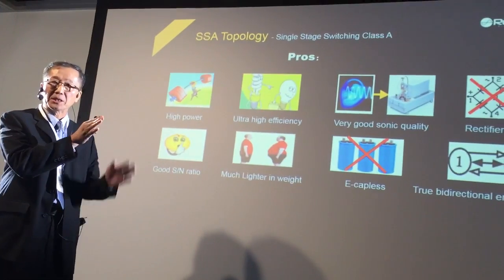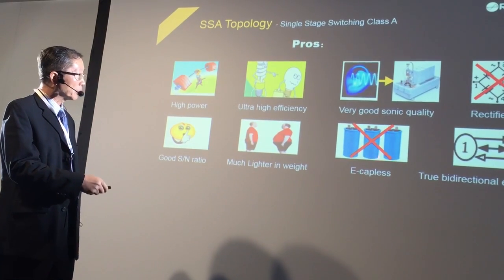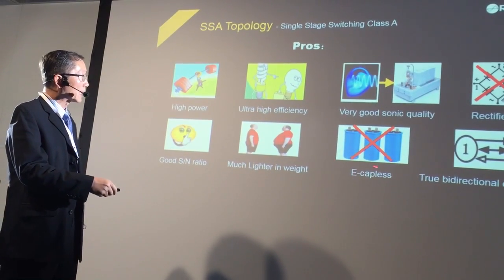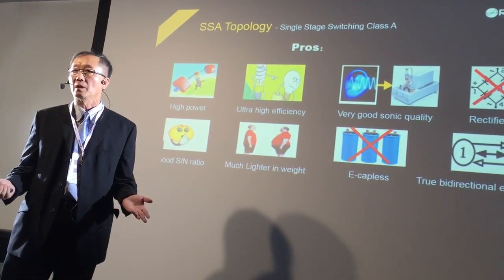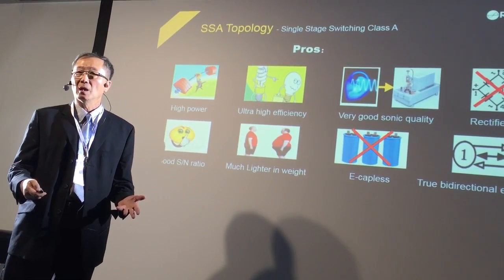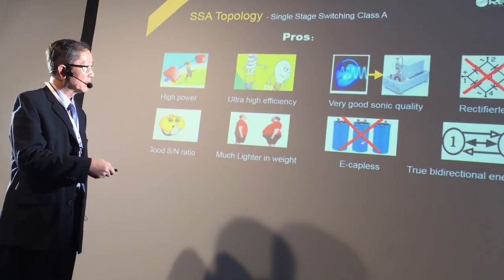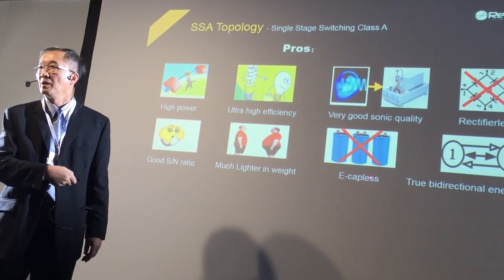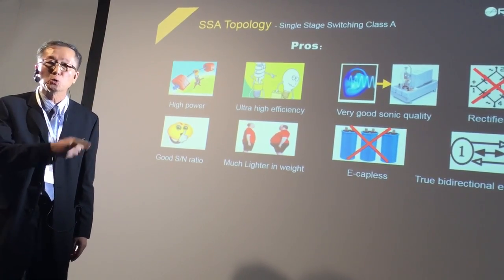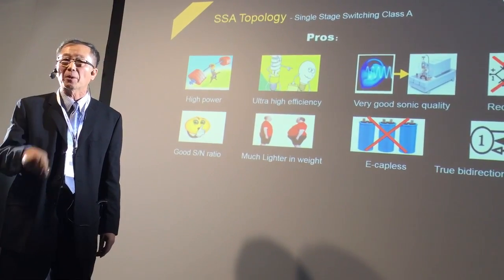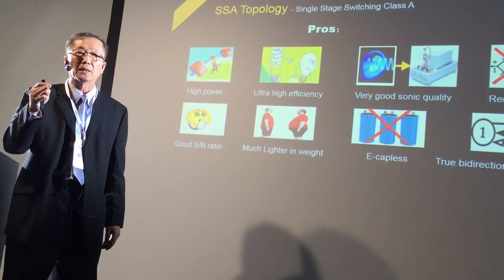In the amplifier, the conversion chain has no rectifier and no big electrolytic cap, which gives you a much longer lifetime and small size. In terms of transient response, the cap is one of the problems for providing good sound. Then this amplifier topology offers true bidirectional energy flow. This is a very important concept, which affects the sound quality we hear. I'm going to go through it later on.